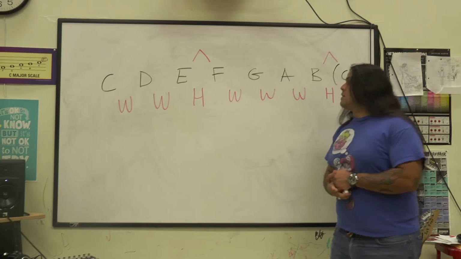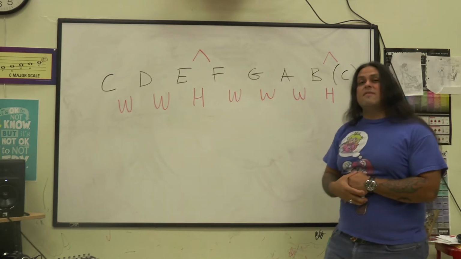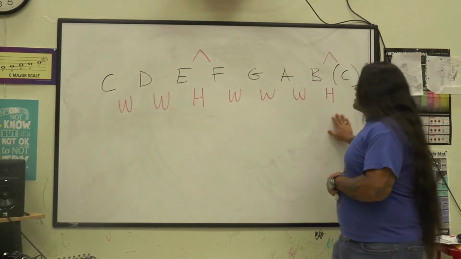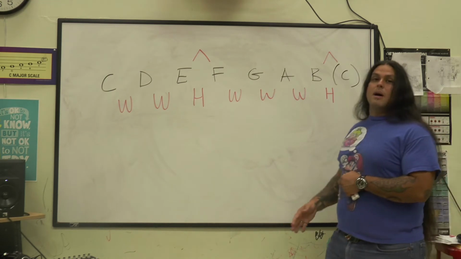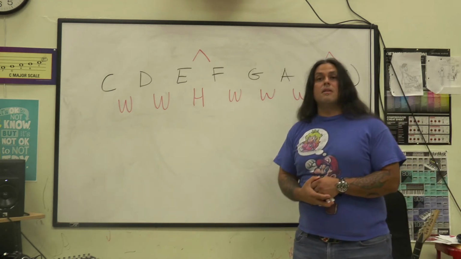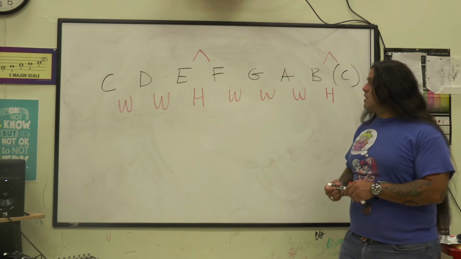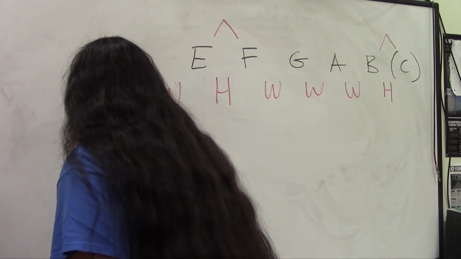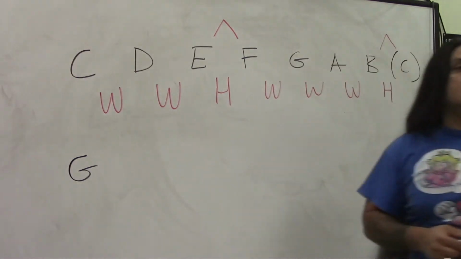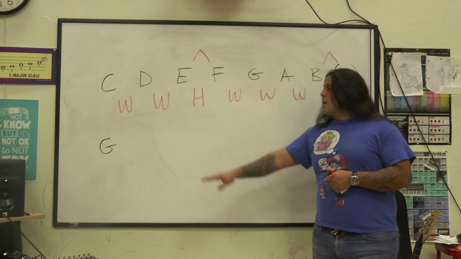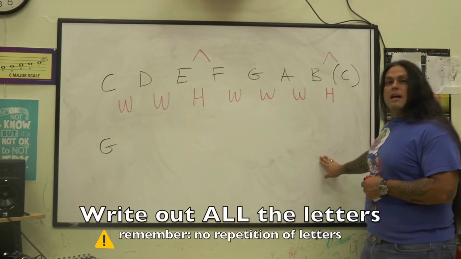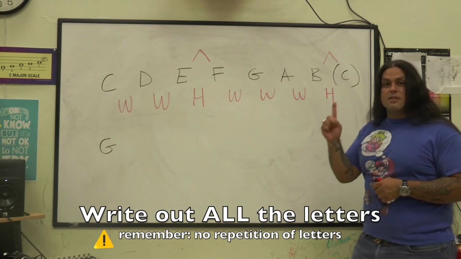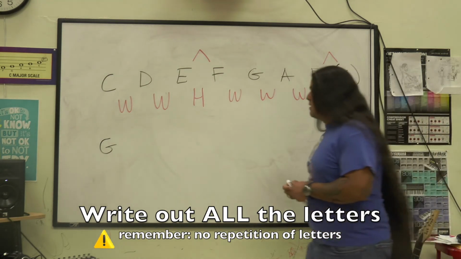So if I start on any different note, I could use the same formula and come up with my major scale. Let's pick one out. Let's start on G. Step 1, go ahead and write out all the letters. Every letter gets used and it only gets used once.